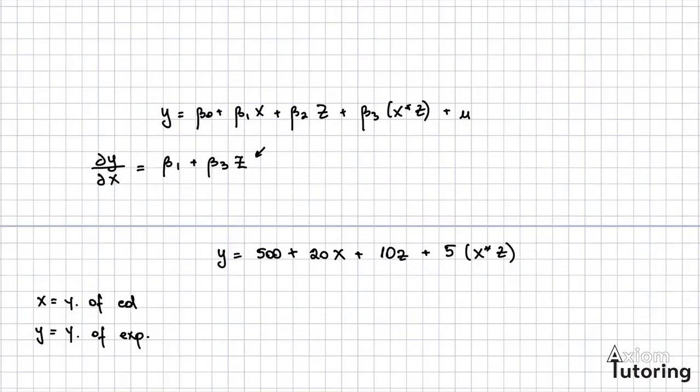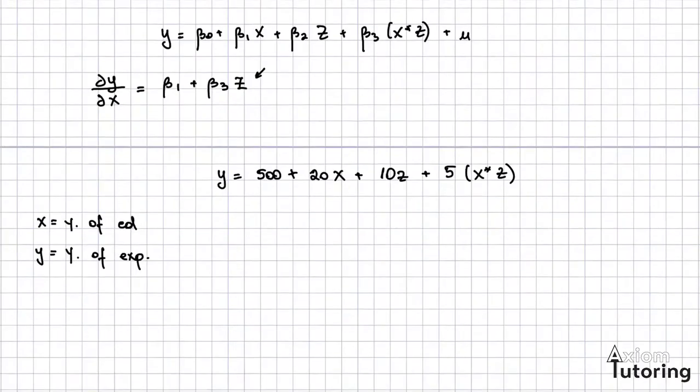So if we write the marginal effect, just as we've done with the theoretical model, for this particular estimation model, we're going to have that the derivative of y with respect to x is now 20 plus 5 times z. So the return to education depends on experience, since the z is showing in here.